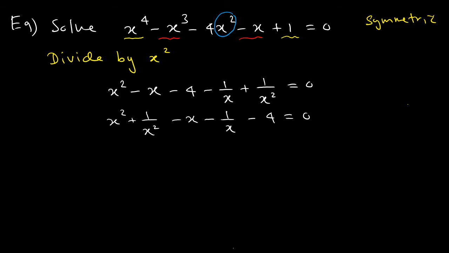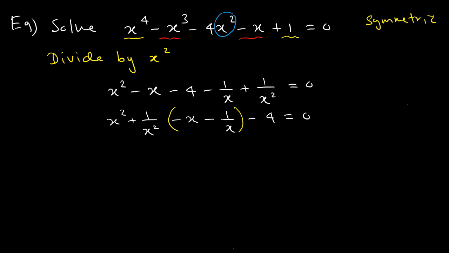If you pull the negative sign out of these two terms, then it is x plus 1 over x. So we're going to see whether you can write the first term also as a power of x plus 1 over x. Actually, we can see that that's the case, because if we have a 2 there, we can do that.